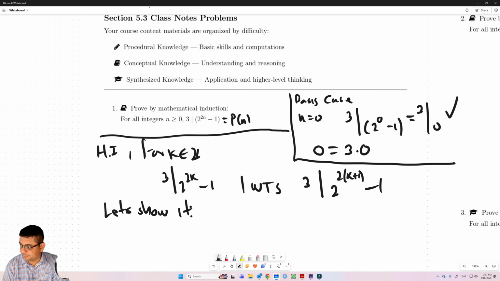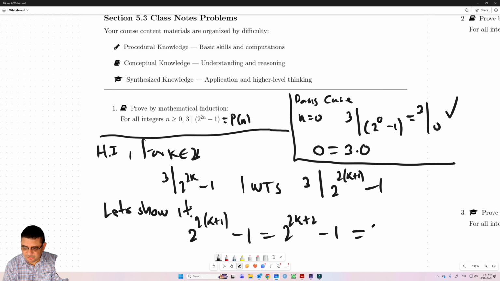2 to the 2(k+1) minus 1 can be seen as just 2 to the 2k plus 2 minus 1, by properties of the power.